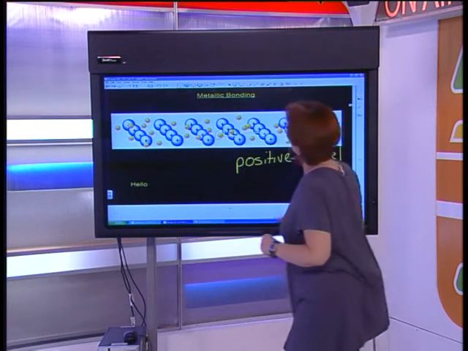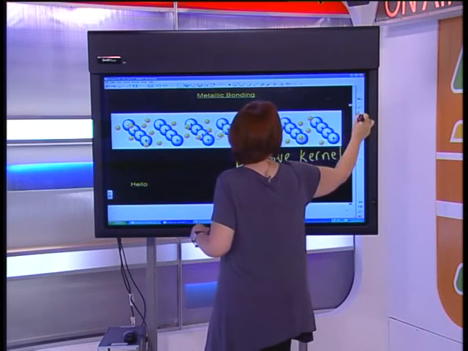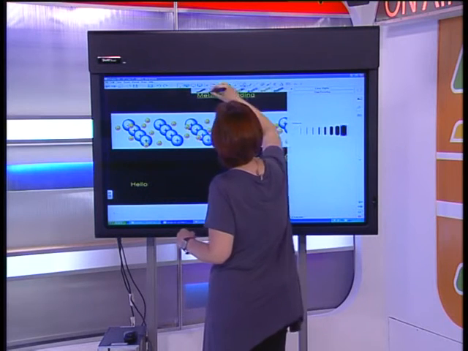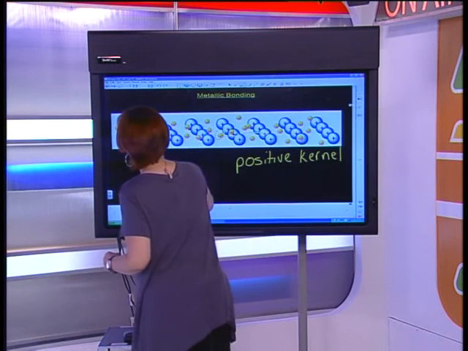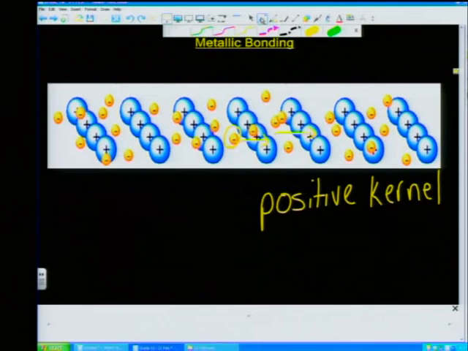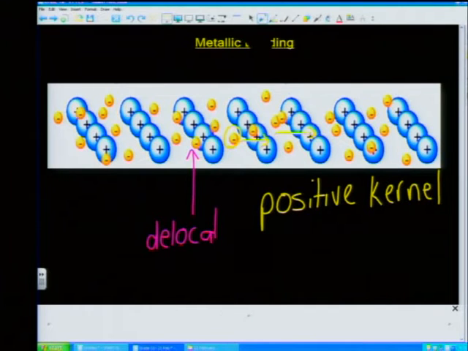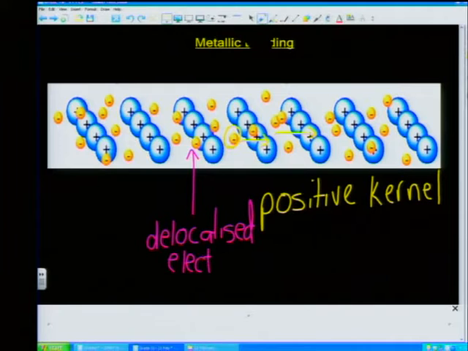And then we have, and now this is quite an important word, these electrons are known as delocalized electrons.